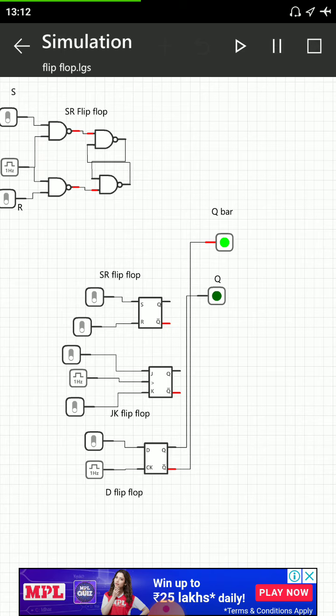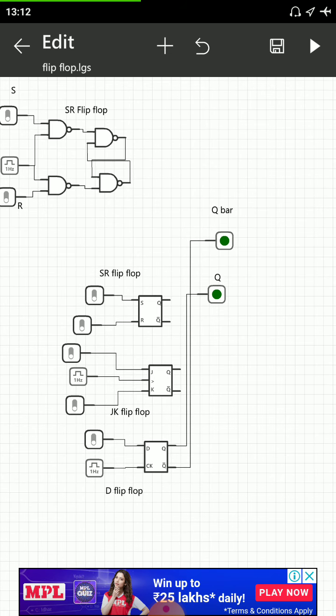Similarly, we can verify the truth table of JK flip-flop. We need to stop the simulation, and after that we need to make the necessary connections.